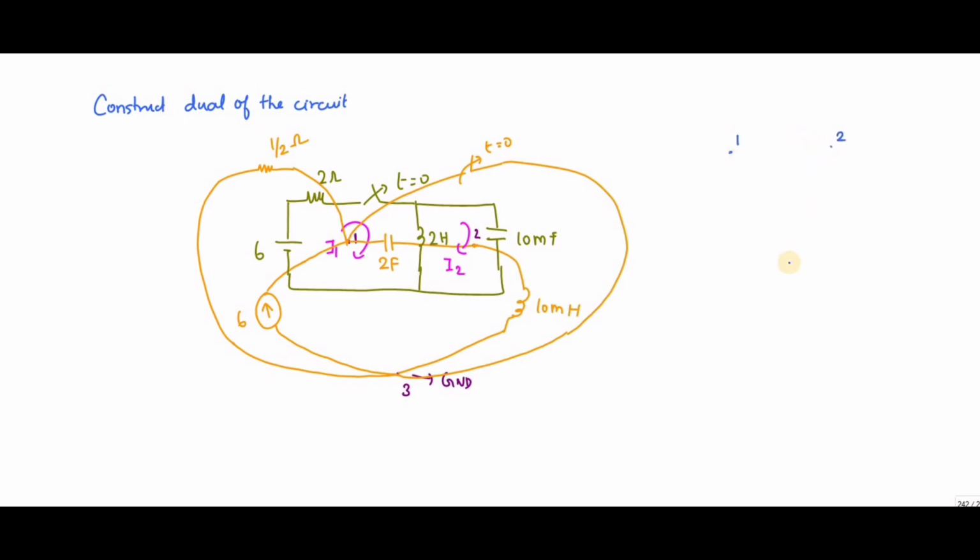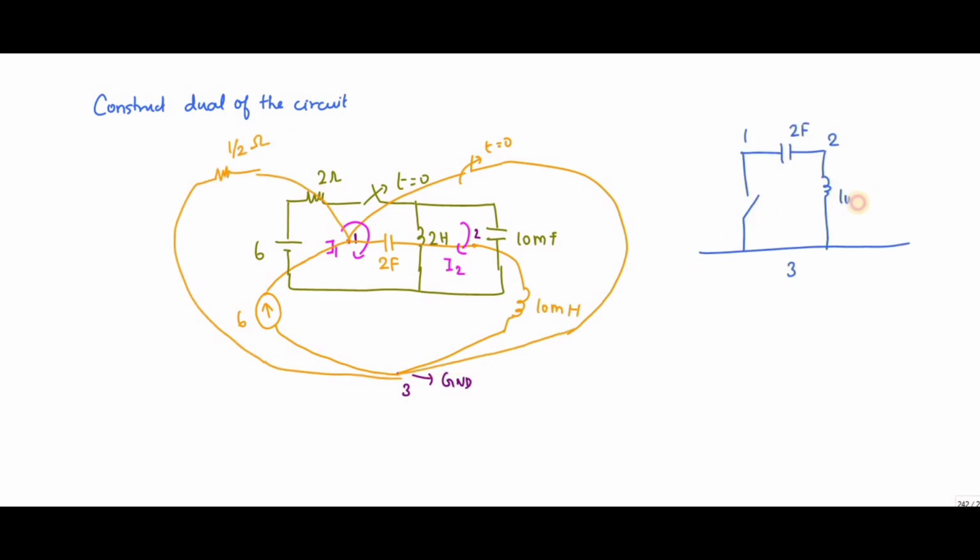So if I draw this circuit, this is your 1 and this is your 2, and this is your 3. From 1 to 2 you have a capacitance, and the value is 2 farad. From 2 to 3 you have an inductance, that is 10 Henry.